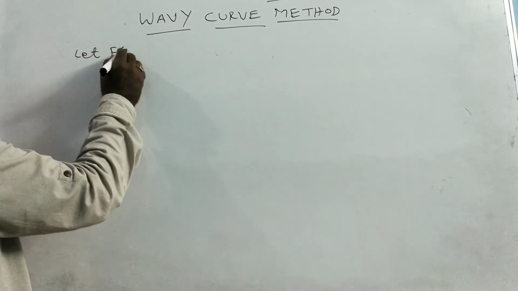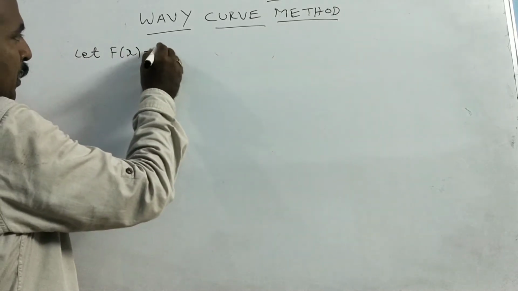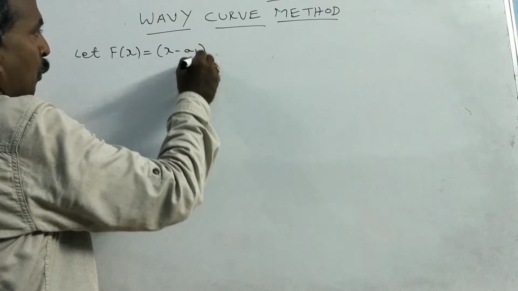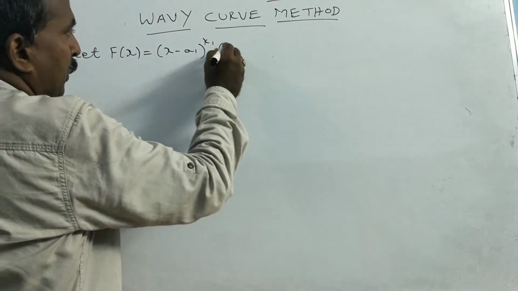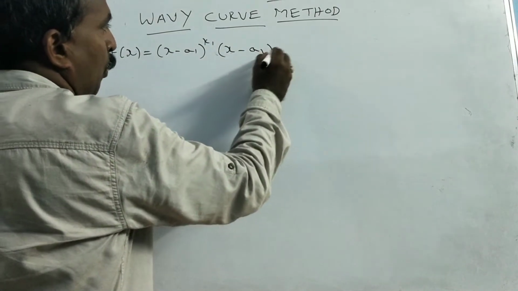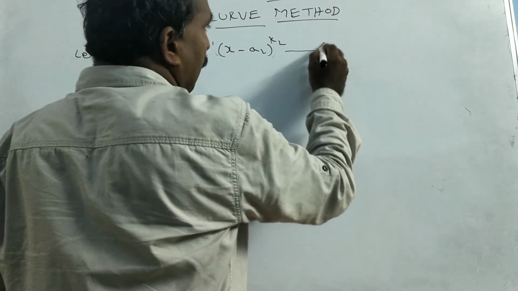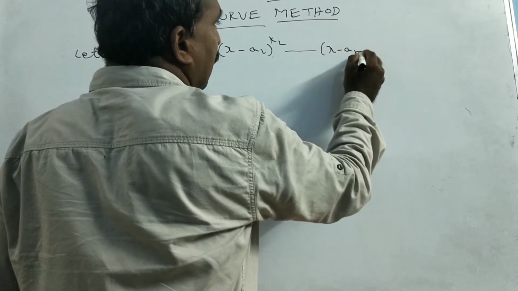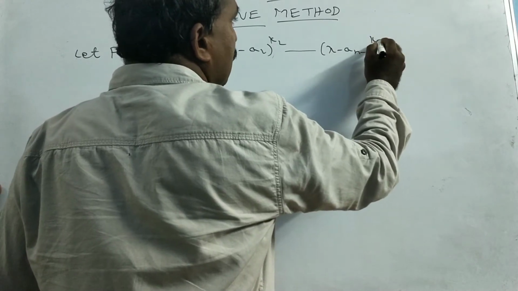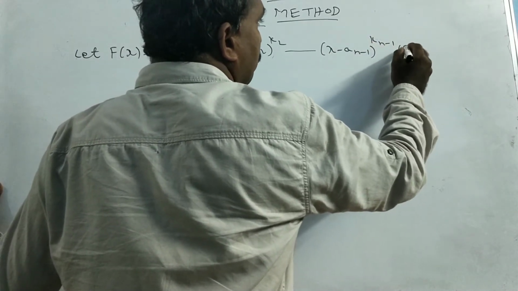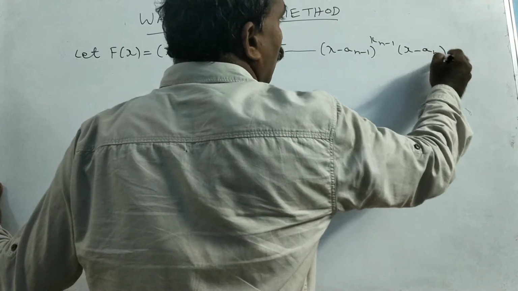Let f of x equal to (x minus a1) whole power k1 into (x minus a2) whole power k2, and so on, into (x minus an minus 1) whole power kn minus 1 into (x minus an) whole power kn.